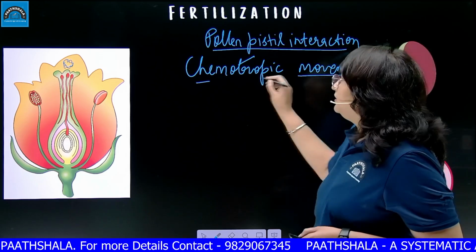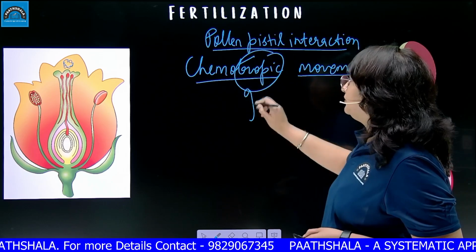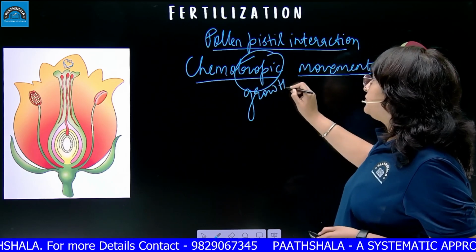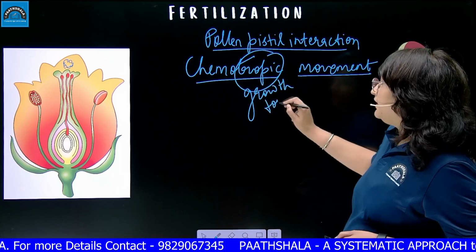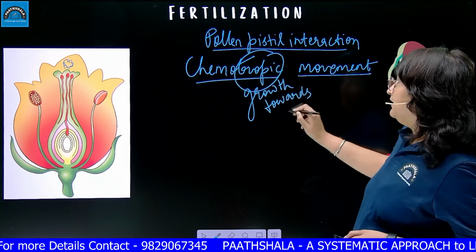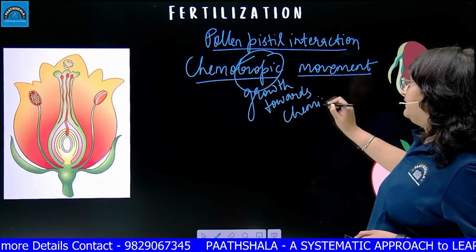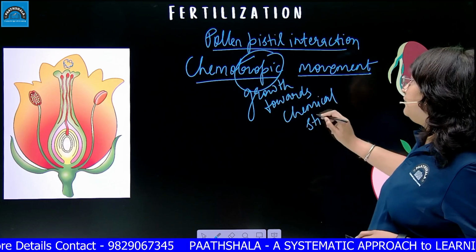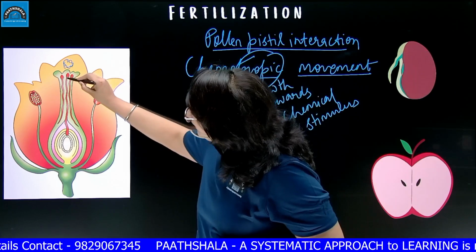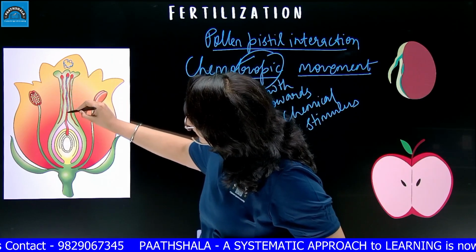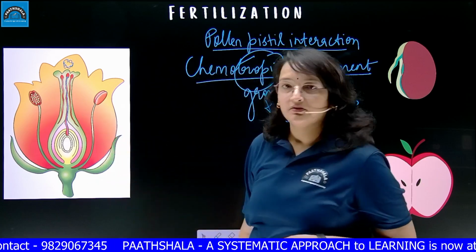Tropic movement means growth towards which stimulus? Chemical stimulus. Who is going to grow here? The pollen tube. From the pollen grain, this pollen tube is going to grow.